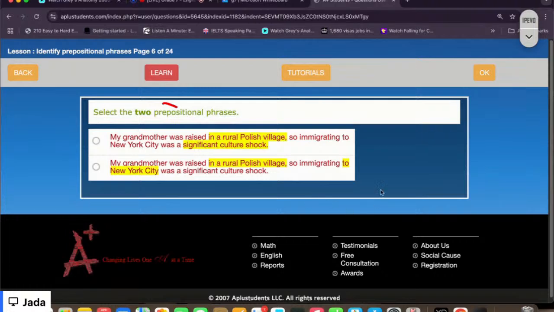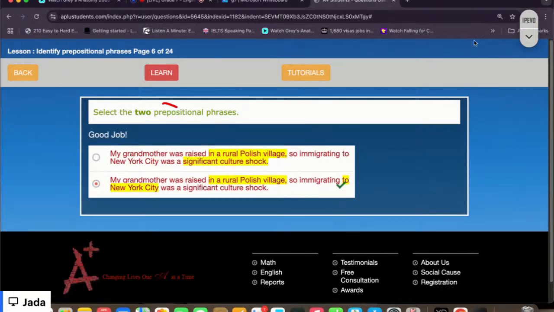So which is the right one here? So we have the second.